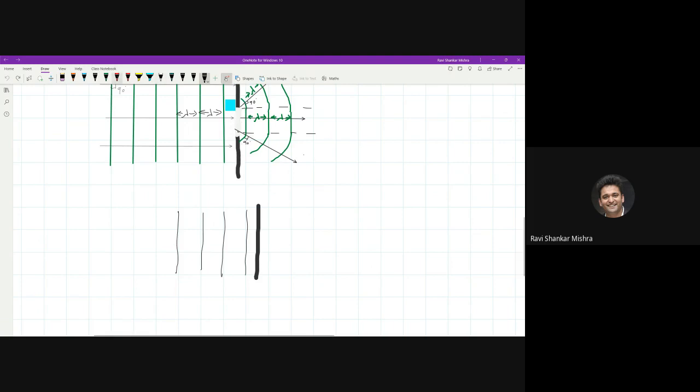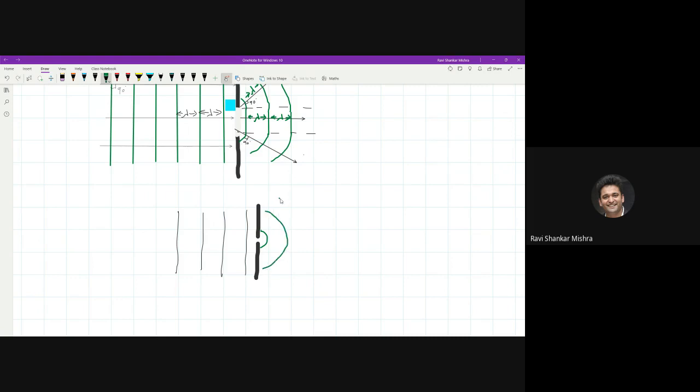But for example, you are creating a gap which is extremely small. In that situation, it will behave like a circular wavefront. It will behave like a point source. It will be creating circular wavefronts.